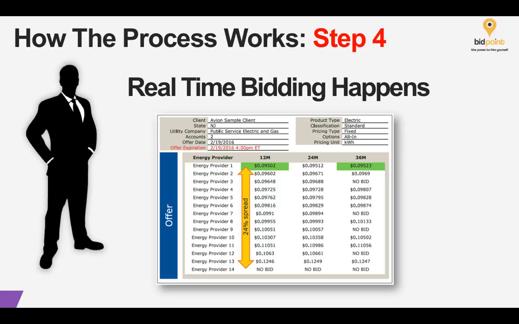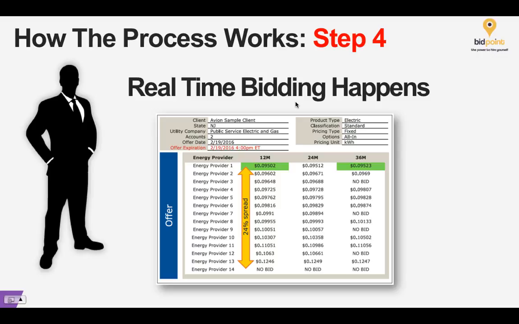But what happens is the real-time bidding goes through our proprietary patent pending portal. It's a digital portal where they submit the data, and then those bids go out to all of the available suppliers that want to bid in those marketplaces, depending on the states or cities that they happen to be in.